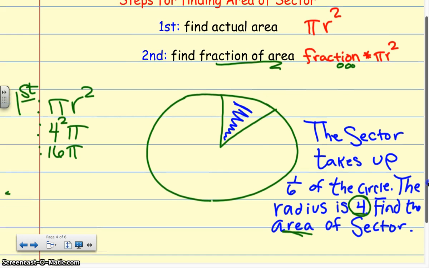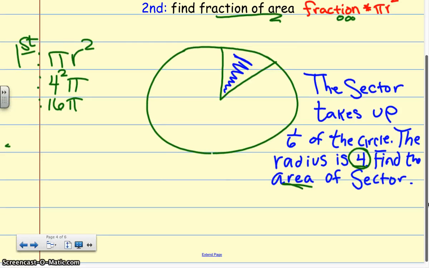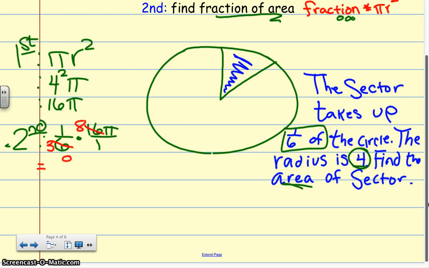Secondly, I want to find the fraction of the area. So the second step, I'm going to find the fraction of this area. So I'm a 1/6 of the whole circle. So I'm going 1/6 times 16 pi over 1. Cross simplify. They both share a factor of 2, so I'm going to divide them both by 2. This turns into top times top, 8 pi over bottom times bottom.